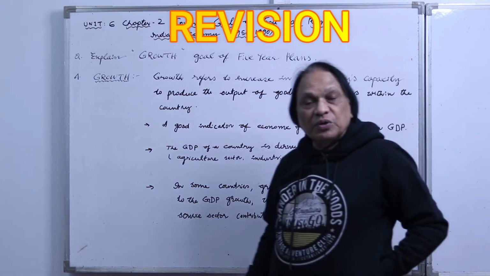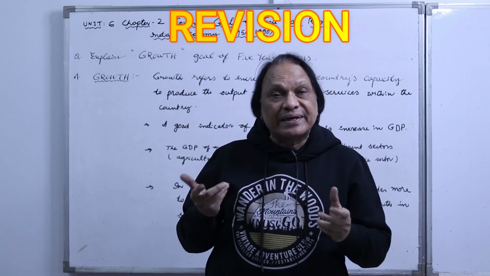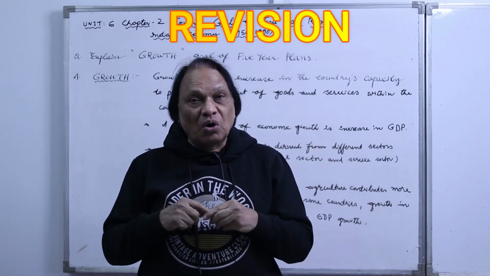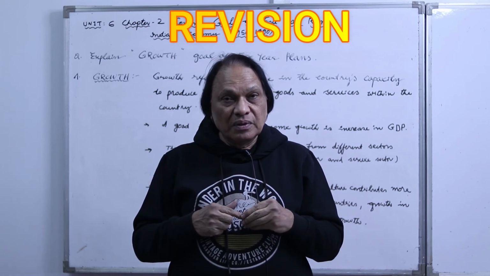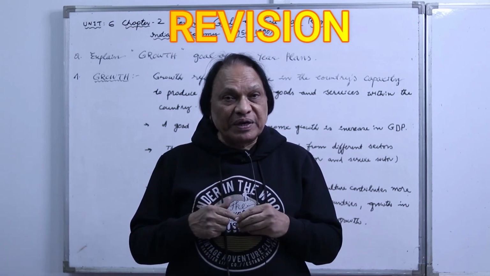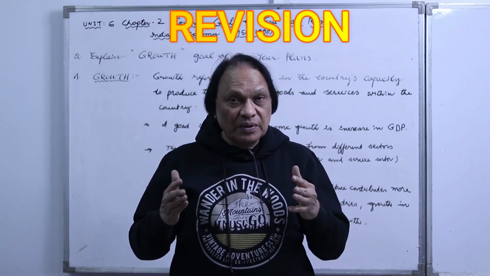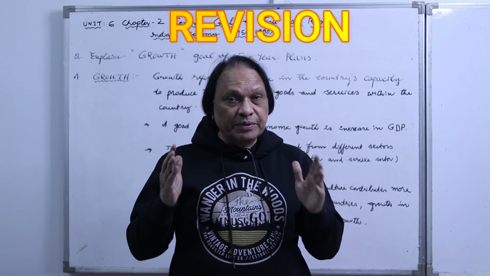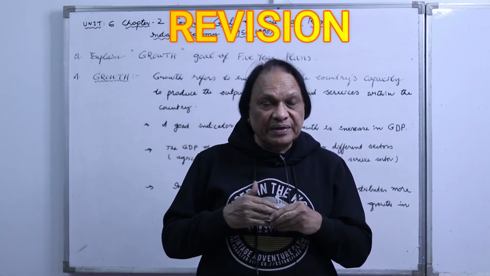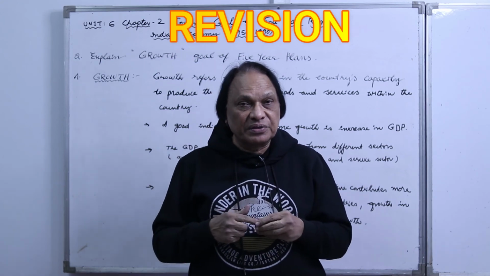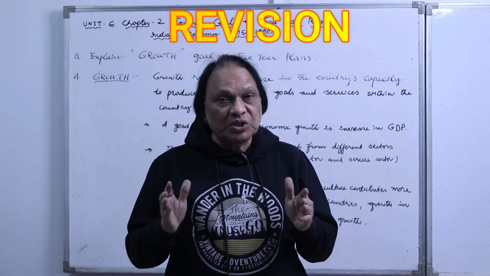So we conclude once again, the first and foremost objective of the 5-year plans, the first goal of the 5-year plan, was growth. Growth in any sector, let it be agriculture, industrial sector or service sector. The good indicator of the growth of the economy is gross domestic product.